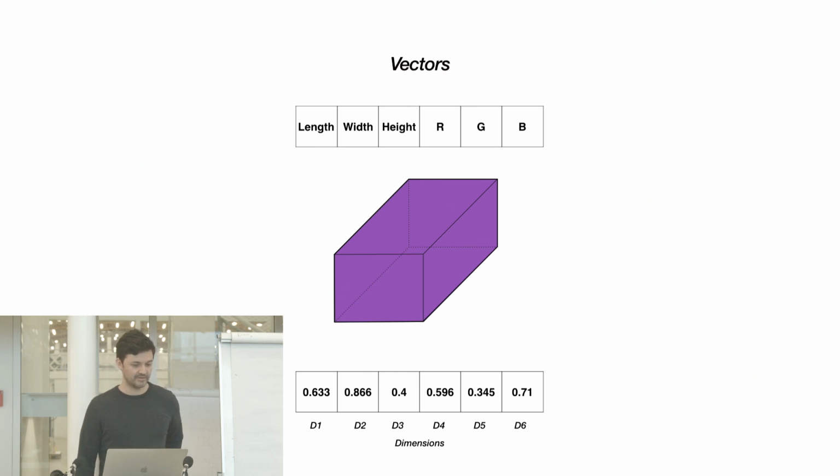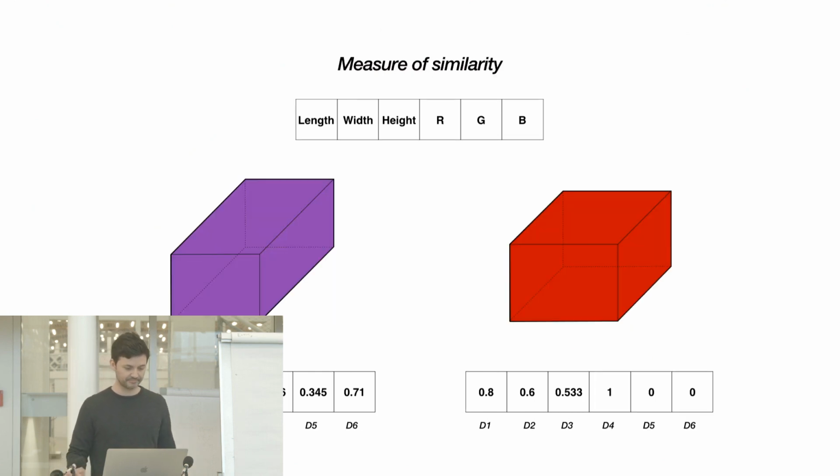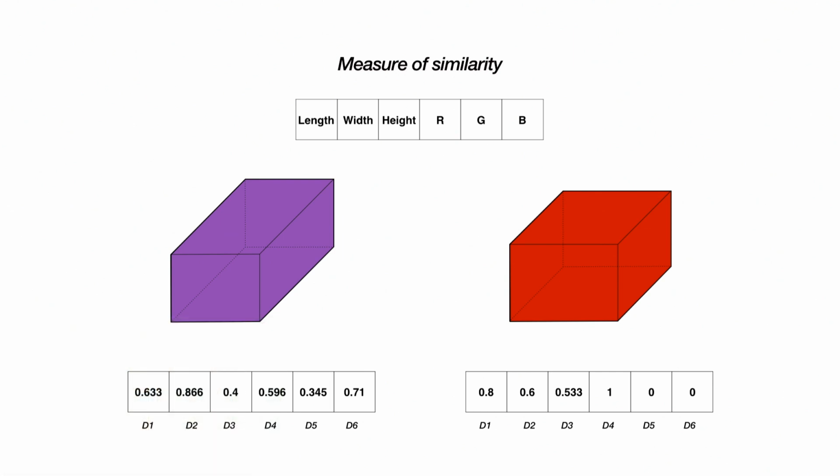So a vector is a list of numbers, a row of numbers, in which each column has some specific meaning, and columns are fixed with the encoding. Therefore, each of our objects, each of our boxes will now have 6 dimensions. So it will be represented as a 6-dimensional vector. So now the question is, how would you compare these two boxes that we have here with their features?